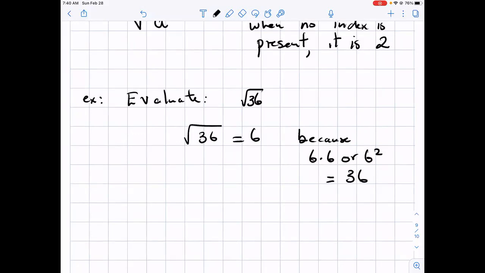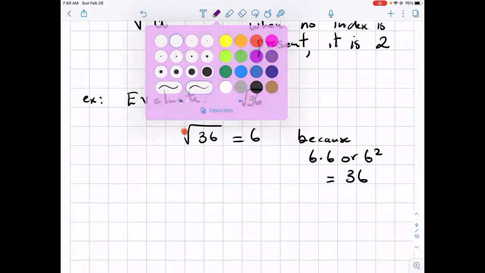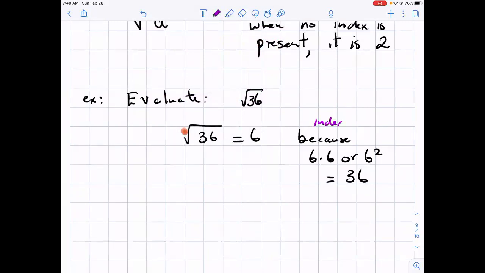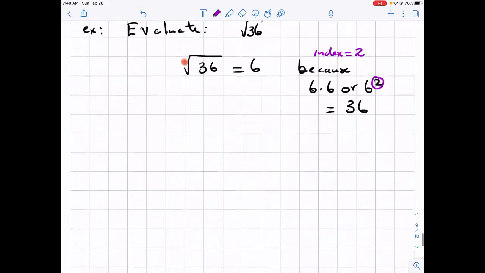You want to find a number that when you square it gives 36, and we're squaring it because the index is 2. If the index is 2, we square it.